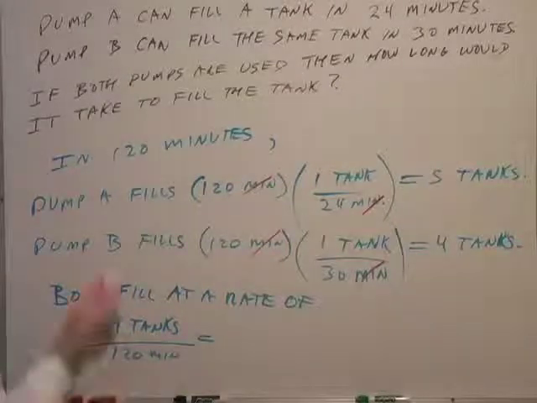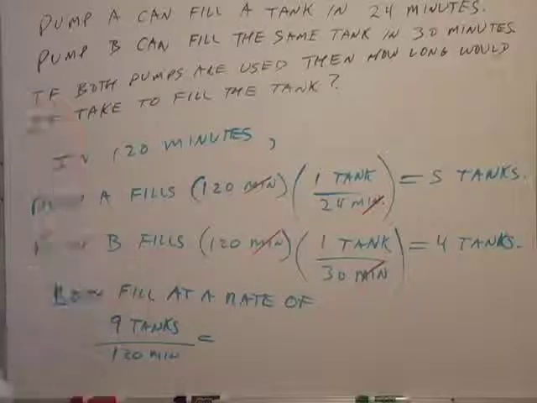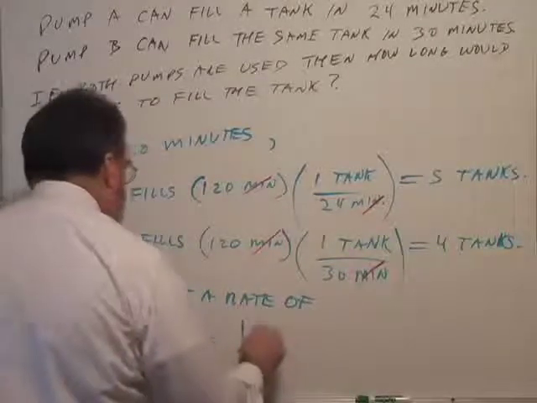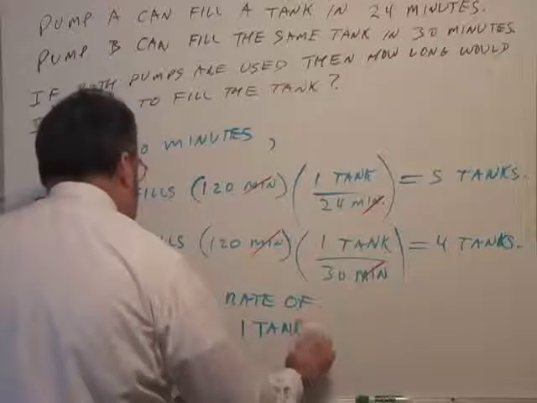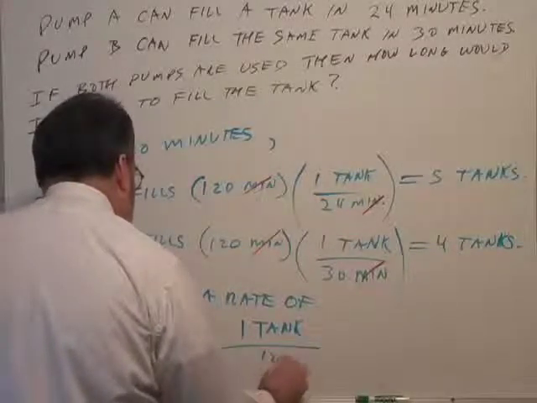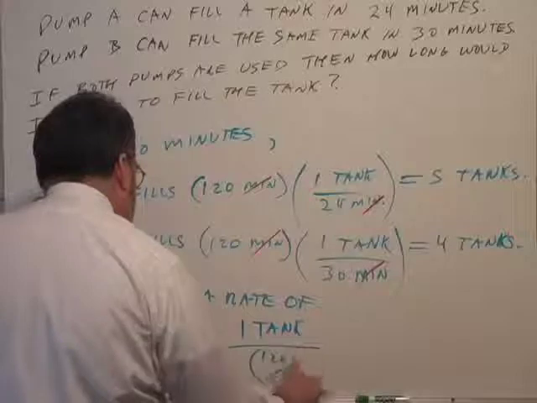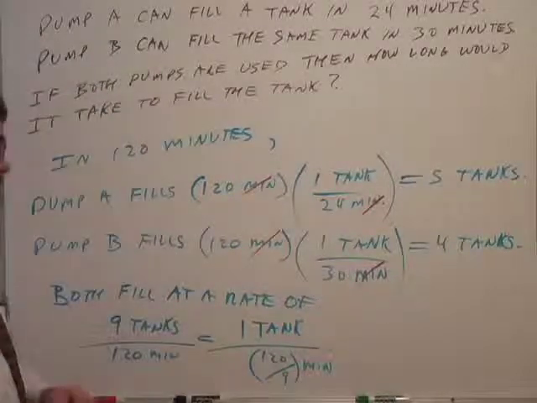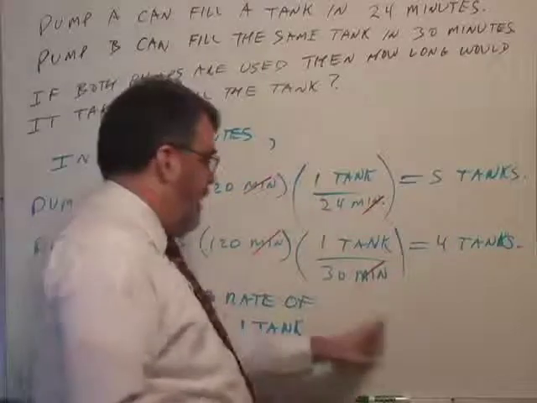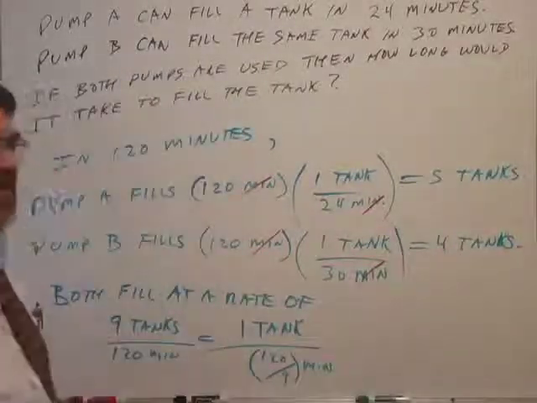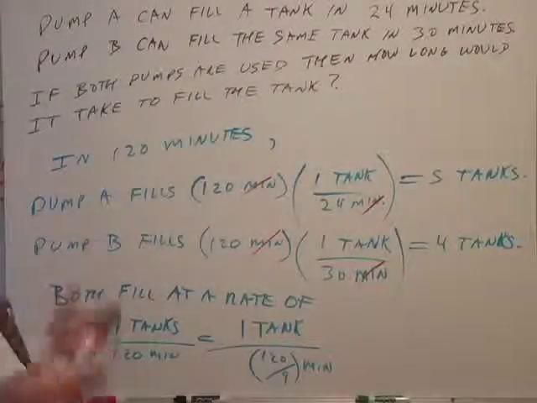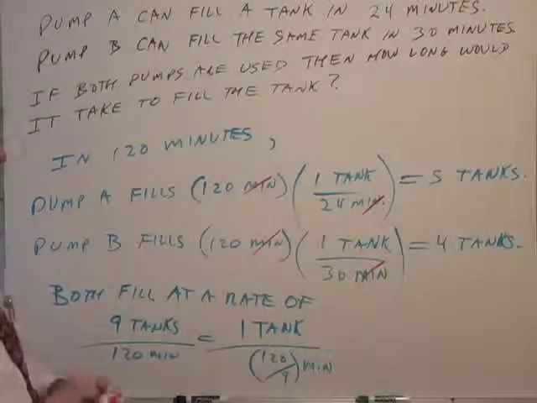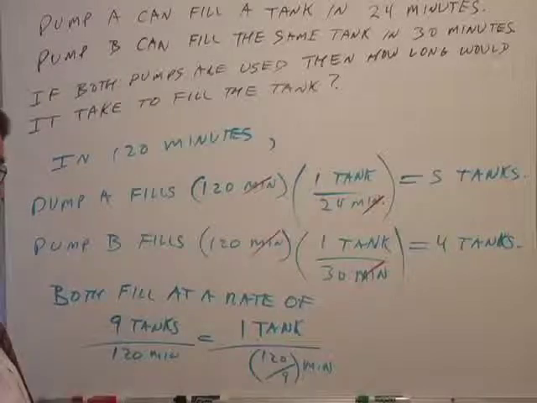Now this is a little funny. 9 tanks at 120 minutes. I need to divide 9 into 120, so that's 1 tank per 120 over 9 minutes. There are other ways of looking at that. If you had 9 tanks equals 120 minutes, and divided both sides by 9, you would get 1 tank is this fraction, 120 over 9 minutes.